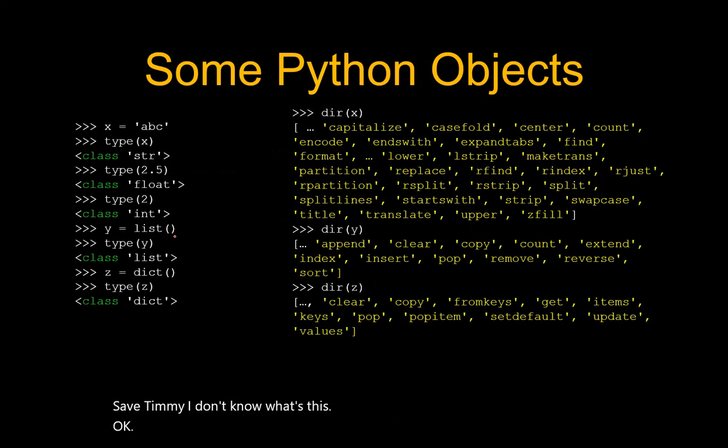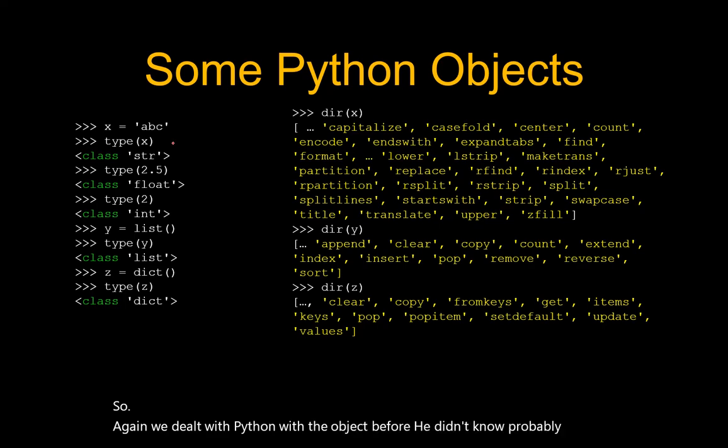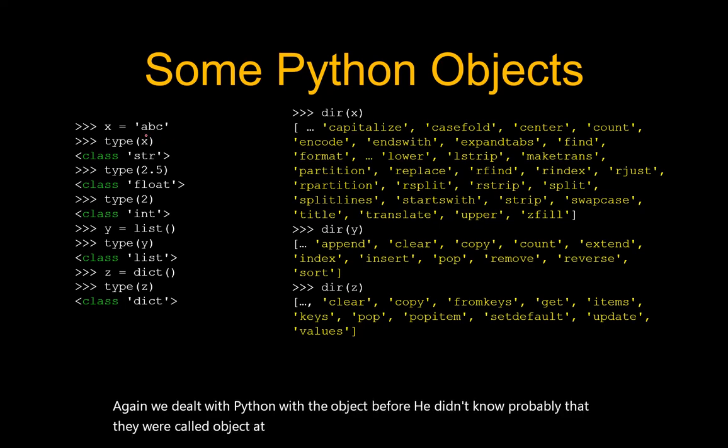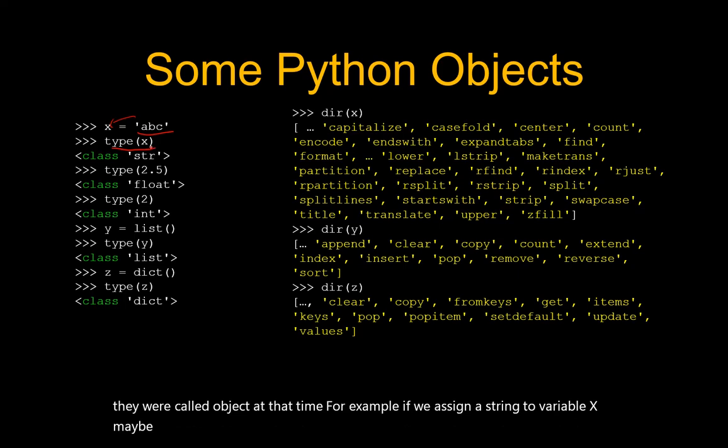So again, we dealt with objects in Python before. We probably didn't know that they were called objects at that time. For example, if we assign a string to variable x, when we write type x, we get something like class string. So this is a string class.